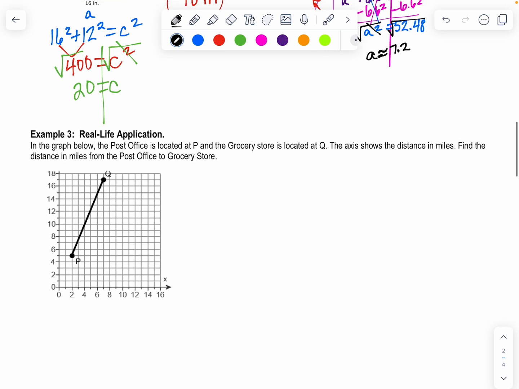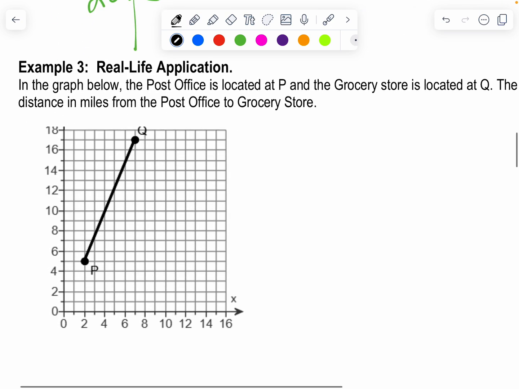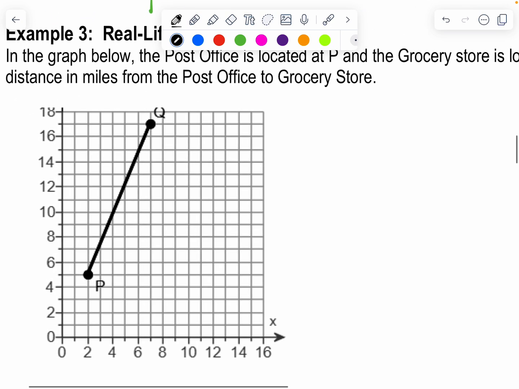Next, you have a real life problem. In the graph below, the post office is located at P, the grocery store is located at Q. The axis shows the distance in miles. Find the distance between the post office to the grocery store. They already gave you your 2 points.